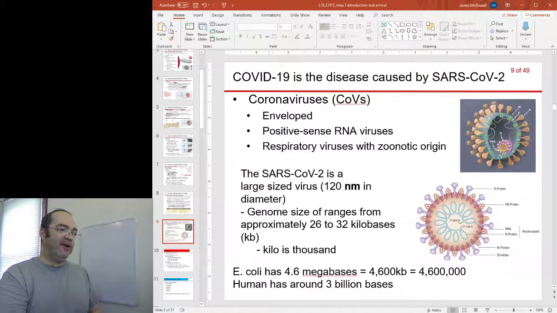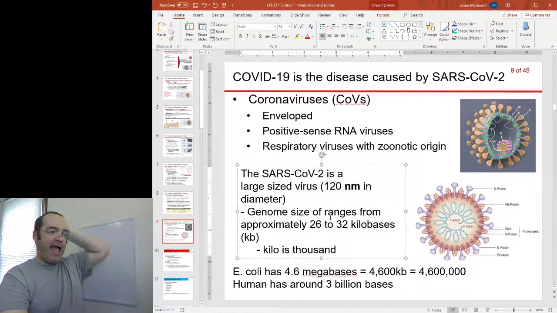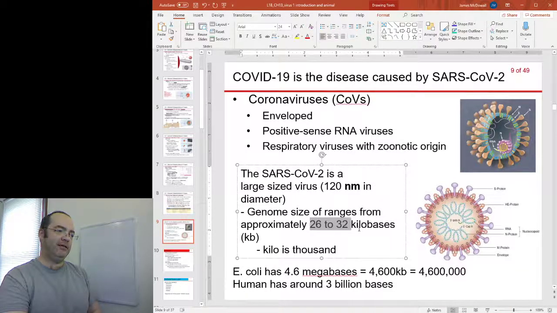It's a relatively large virus, 120 nanometers, and it has a kind of a regular genome size of about 26 to 32 kilobases. That's 26,000 to 32,000 bases. And just for comparison, E. coli has 4.6 megabases, or 4,600 kilobases, or about 4.5 million. Humans have about 3 billion bases.